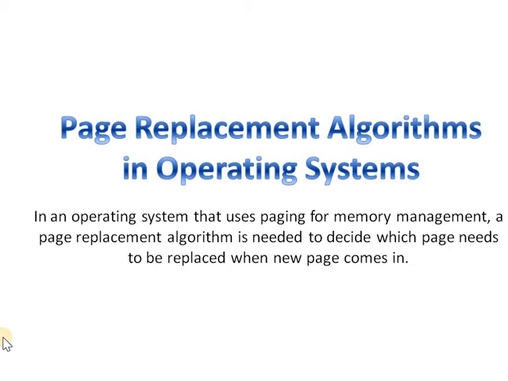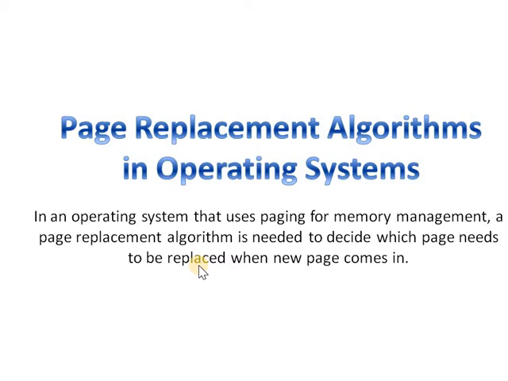Whenever we execute a process and the process page is not available in the main memory, a page fault will occur. That means a page fault is the condition in which a running process refers to a page that is not loaded into the main memory. In this case, the operating system has to bring the page from secondary storage to the main memory.